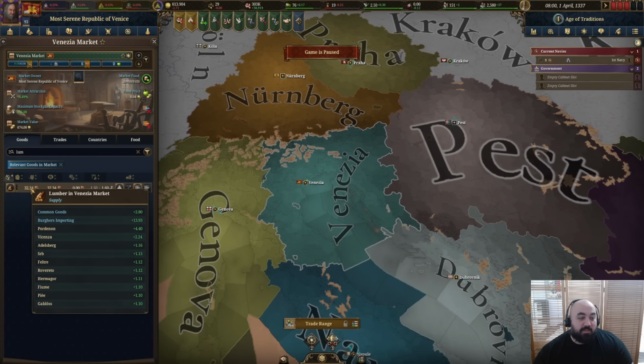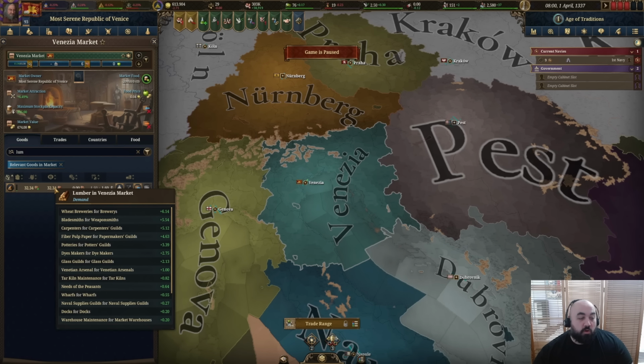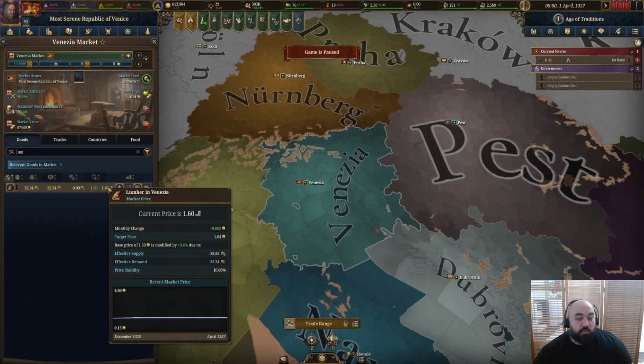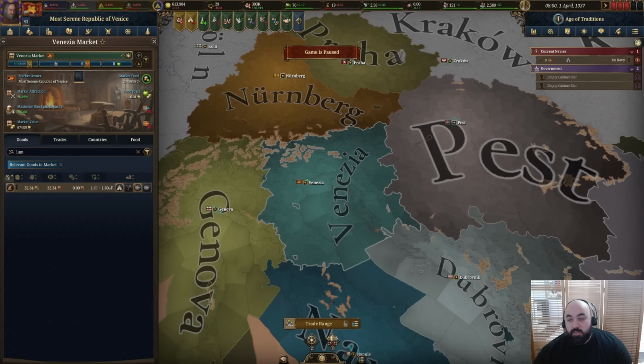And this is because most of our supply, or a big chunk of our supply rather, roughly a third, is coming from the burgers' imports. And all of our demand is local within the market, and so our weight is going to be such that our effective demand is 32.34 and our effective supply is 28.85.